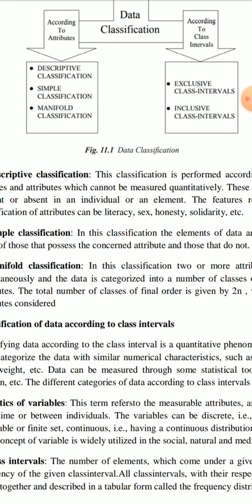Again I consider here 0 to 5, next is 6 to 10, next is 11 to 15, next is 16 to 20. So you can collect the data on the basis of exclusive interval.